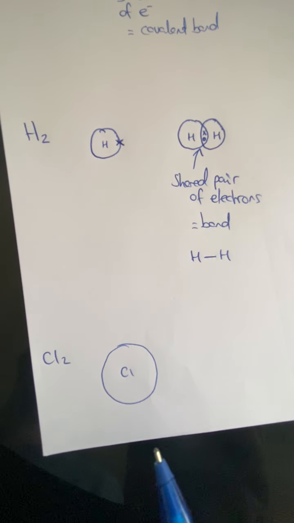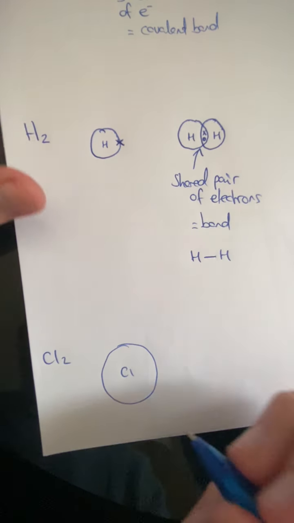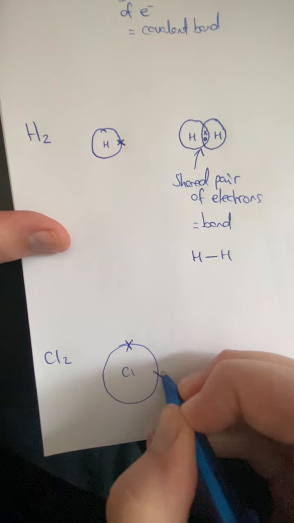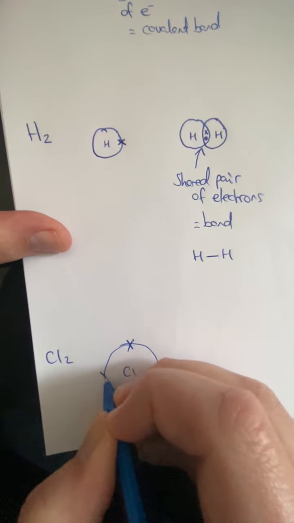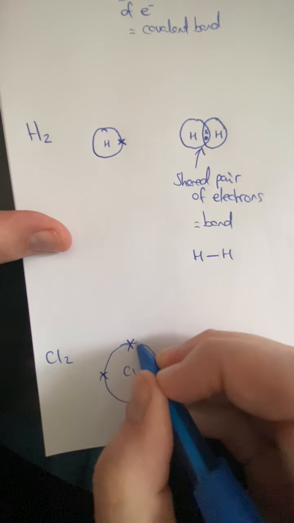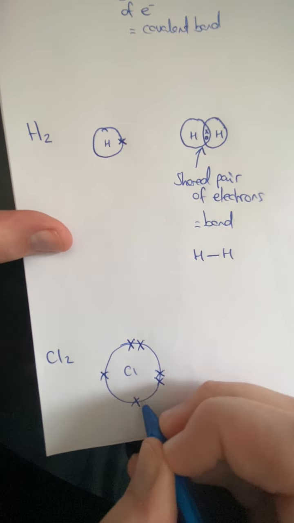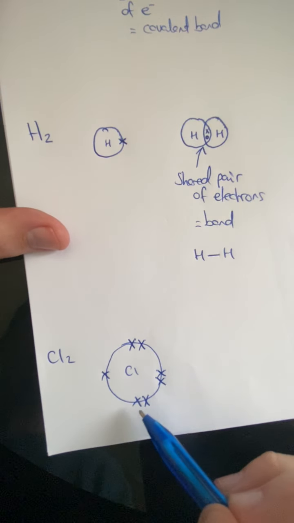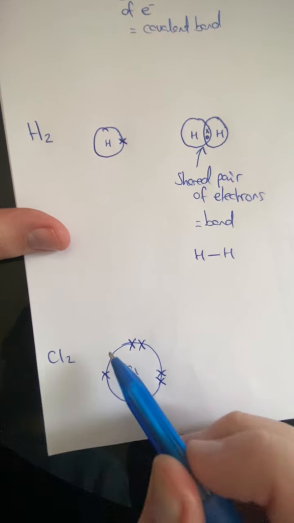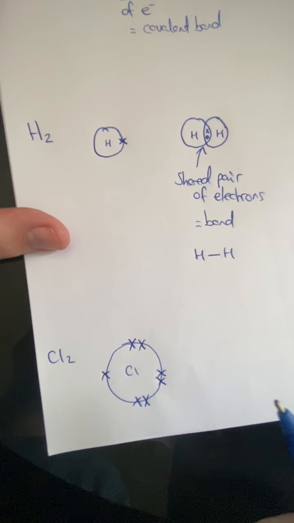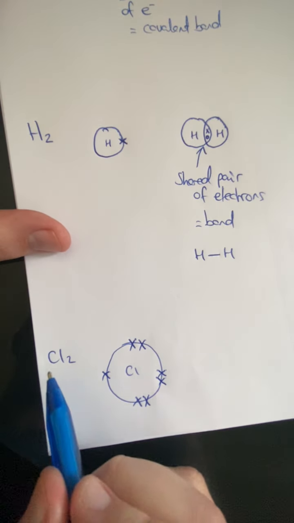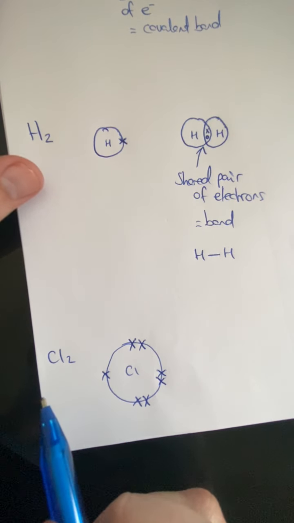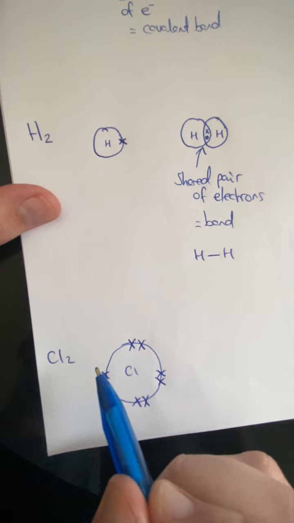That means there's 7 electrons in your outer shell. So the way we fill this up is 1, 2, 3, 4, 5, 6 and 7. You can see that these are paired, and then there's one unpaired at the left. Now you know it's Cl2, so you need 2 chlorines.